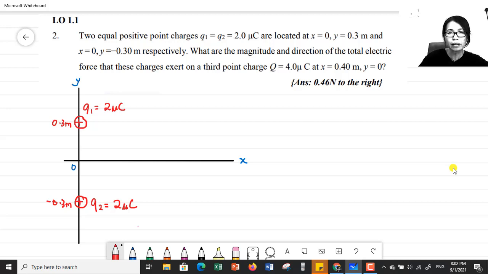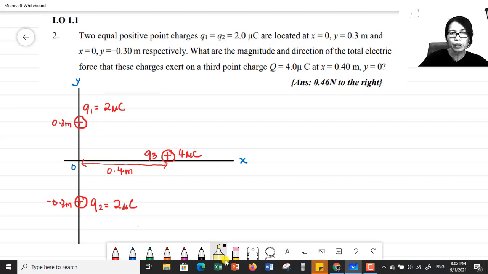So we have another third point charge at location 0.4 meter, y equal to 0, positive 4 microcoulomb. So I label this as Q3, the third point charge.